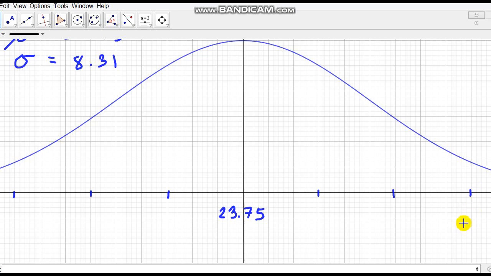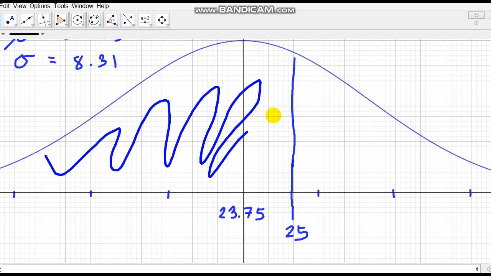We are looking at the percentage of students who got a score of less than 25. Let's say that 25 is right here. We're not actually sure if it's 1 standard deviation below the mean, but we're just illustrating it. So we'd like to know the percentage of students who got a score of less than that. We're looking at this area before 25.